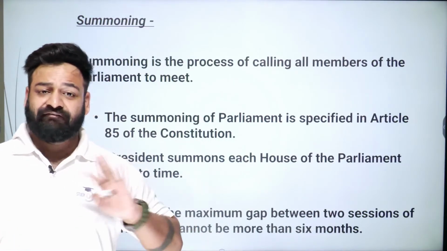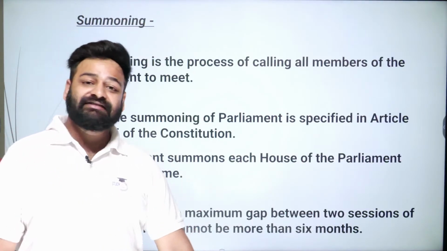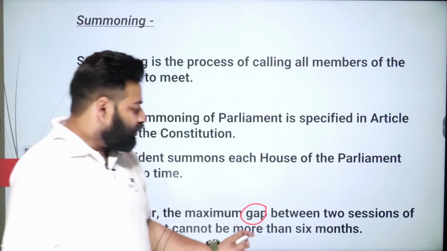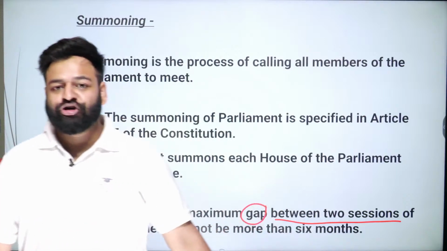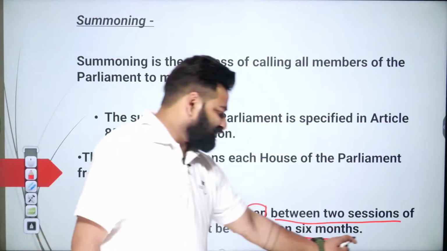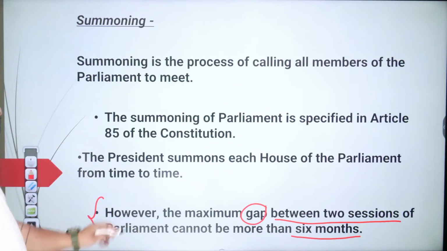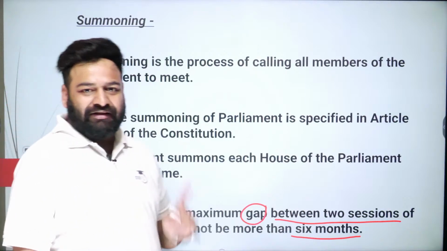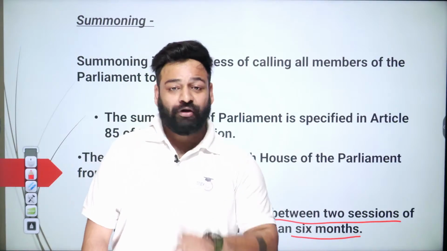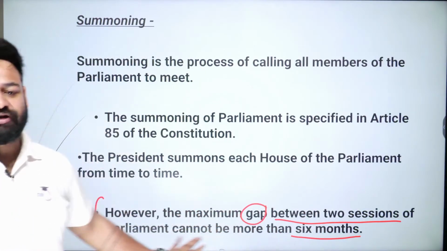It is just what we have named them. The Constitution has simply mentioned that the gap between 2 sessions should not be more than 6 months. So parliament must meet at least once in 6 months.